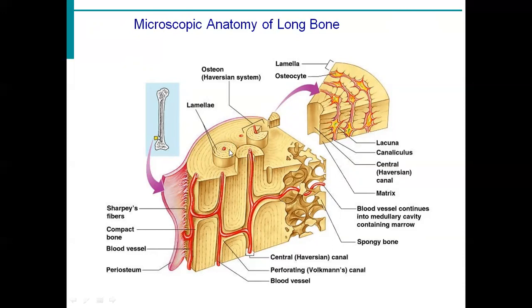Multiple layers of lamellae are surrounded by this central canal. If we go through the internal view of this lamellae, it consists of the main bone cell osteocyte.